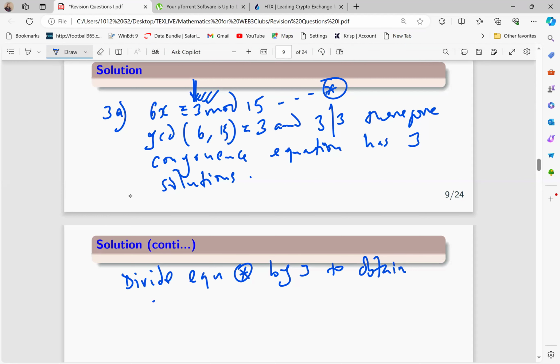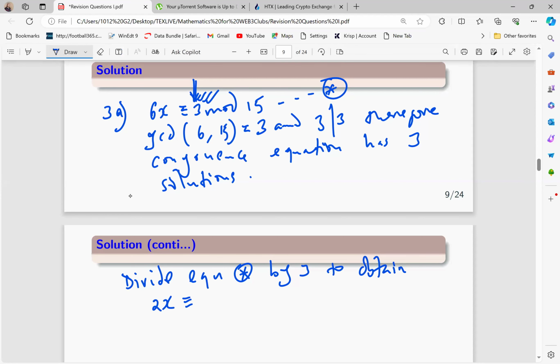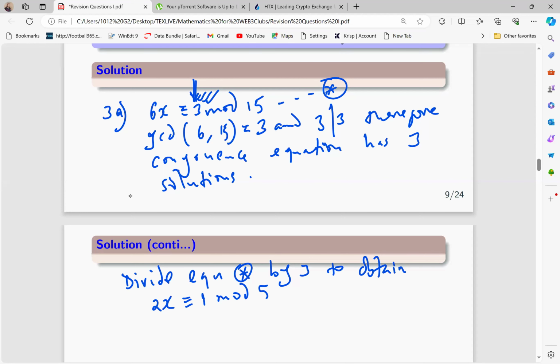You obtain 2x is congruent to 1 mod 5. Is that okay? When you arrive here, dividing by 3 the entire equation, including the mod.